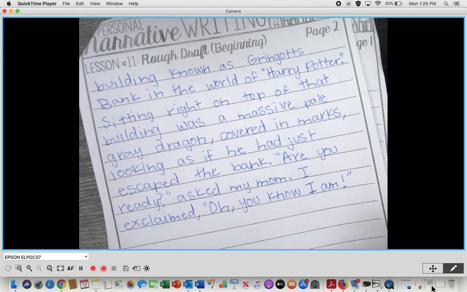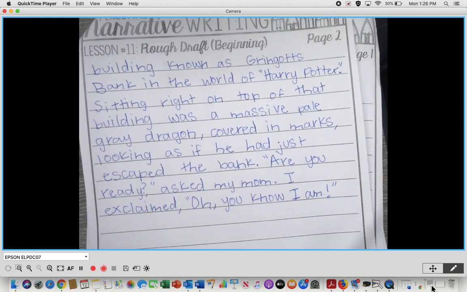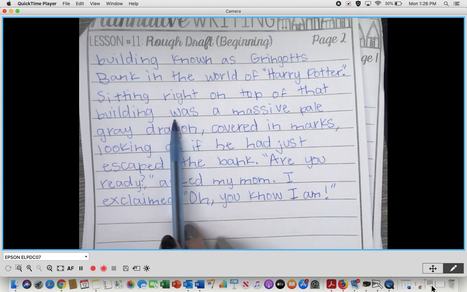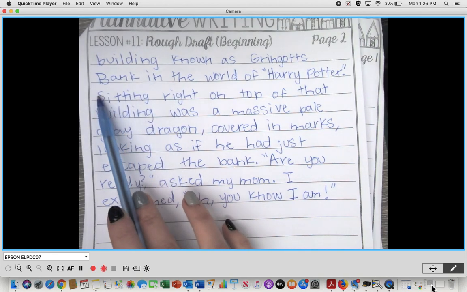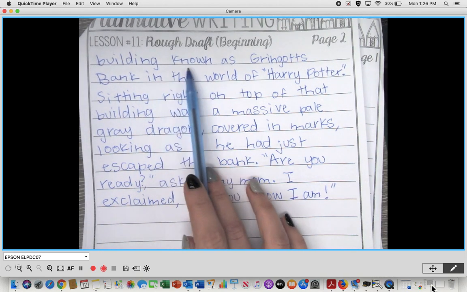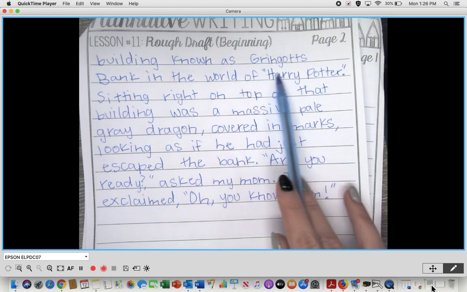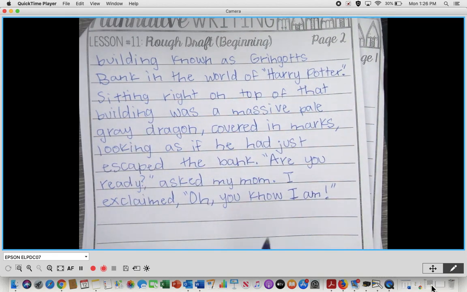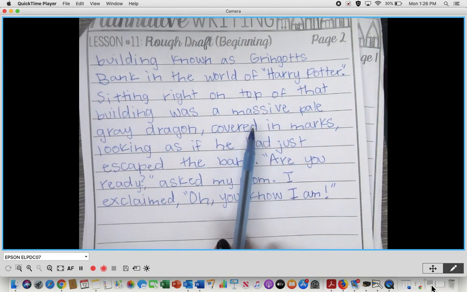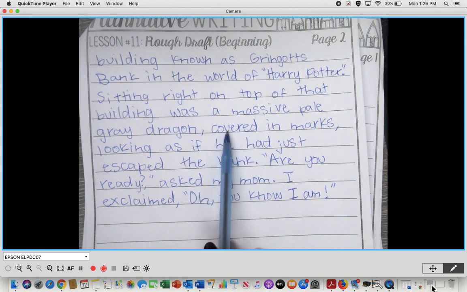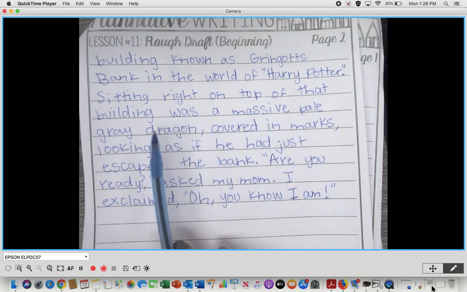And that is going to be the end of the beginning of my paragraph. So again, some more details I want to point out in my writing is that I really made sure that I described my setting. So I let them know I was in front of this big, tall, white building. I told you the name of it, Gringotts Bank. I also told you about the dragon that was sitting on top, making sure that I was really specific about how it looked. You know, it's a massive pale gray.